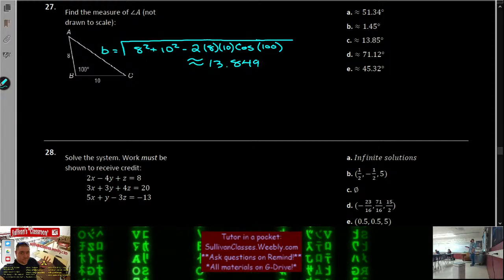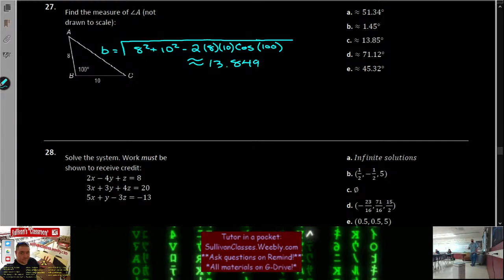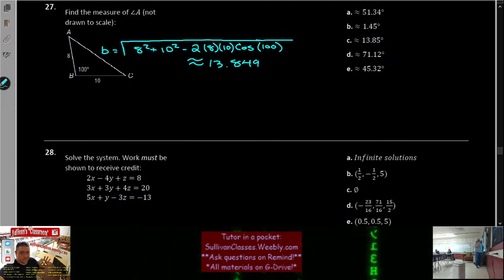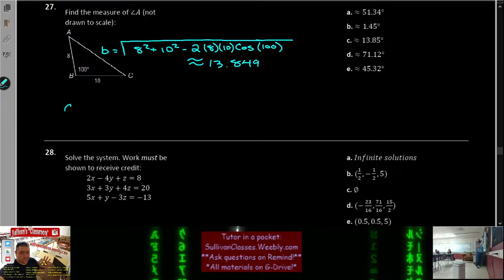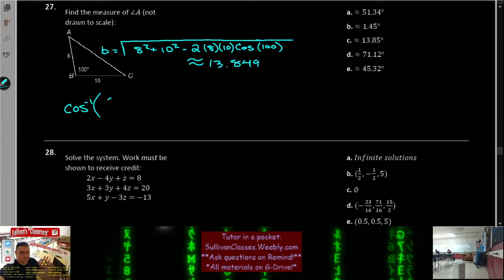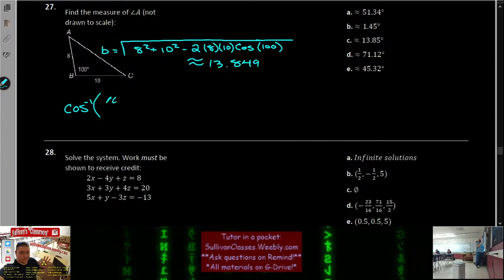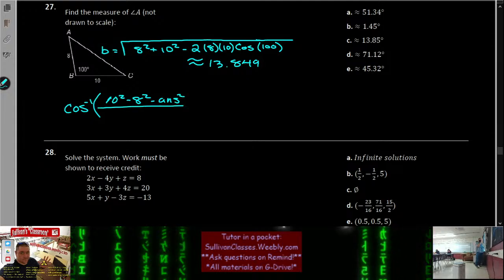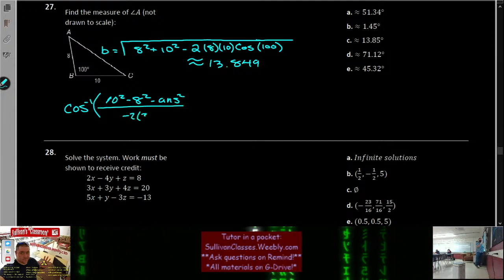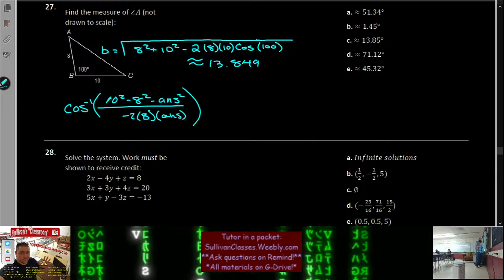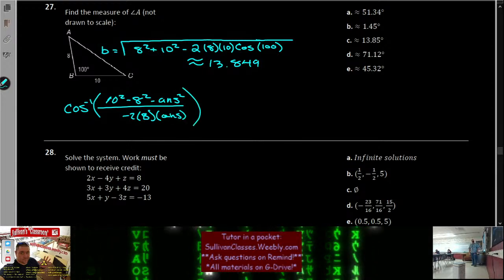Now that you have your new side length, you have the option of either law of cosines. So I can now do the arc cosine of 10 squared minus 8 squared minus that answer squared all over negative 2 times 8 times that answer. I could do that to find my angle.